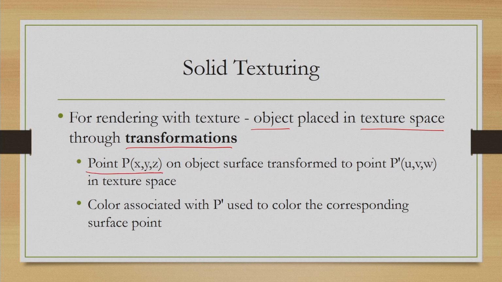That means, any point on the object surface is transformed to a point in the texture space, and then whatever color is there at that particular point is considered to be the color of the corresponding surface point. So, here we are performing a transformation from object space to texture space, and then whatever color is already defined in that particular texture space point is used as the color of the surface point. But this transformation is more complicated than the mapping that we have seen earlier, and we will not go into further details of this transformation technique.